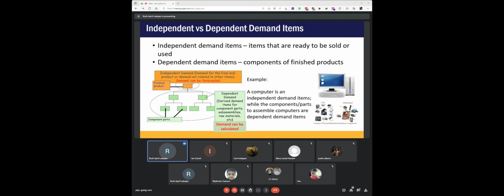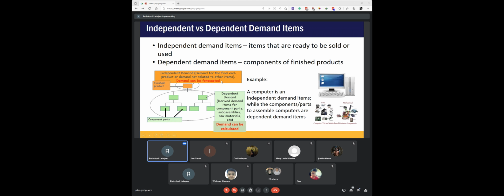So basically, in other words, dependent demand items are components of finished products. And for these dependent demand items, the demand can be calculated. Because since these are components and parts, you can determine how many components and parts are needed to make these finished items.